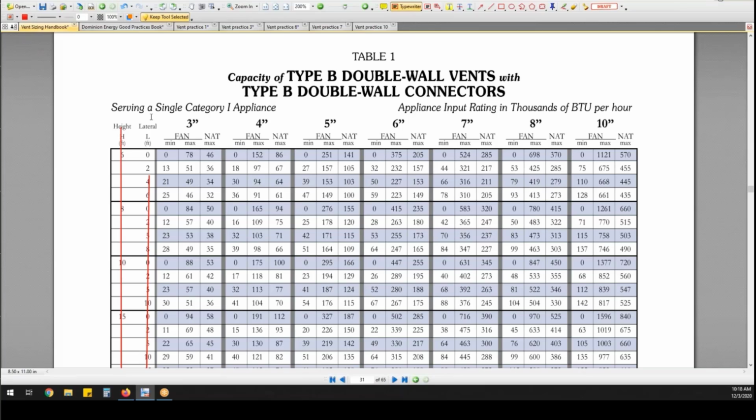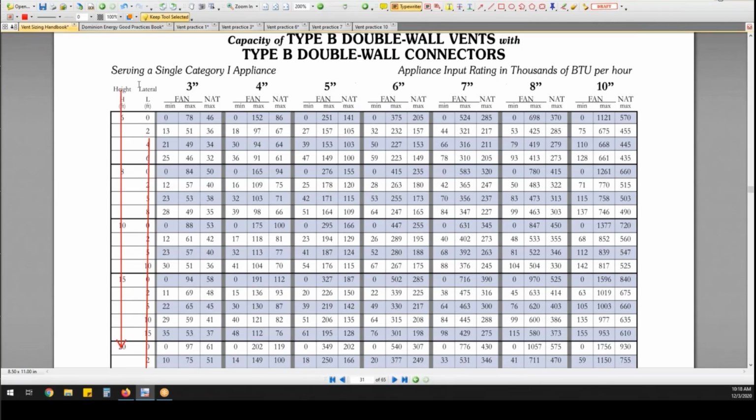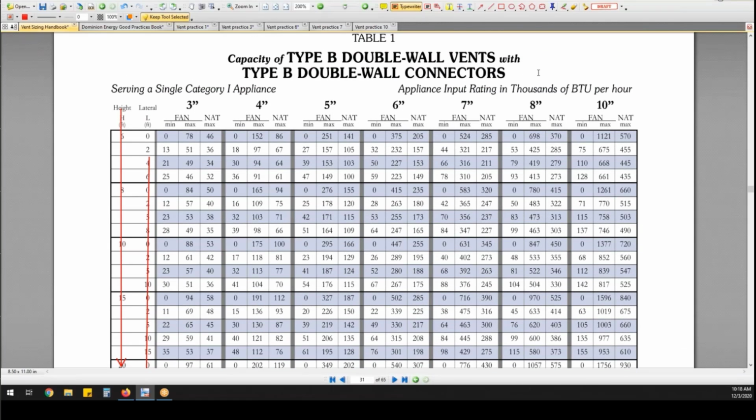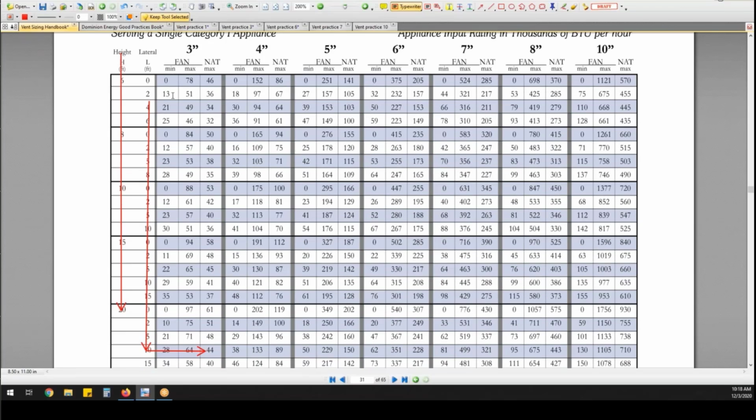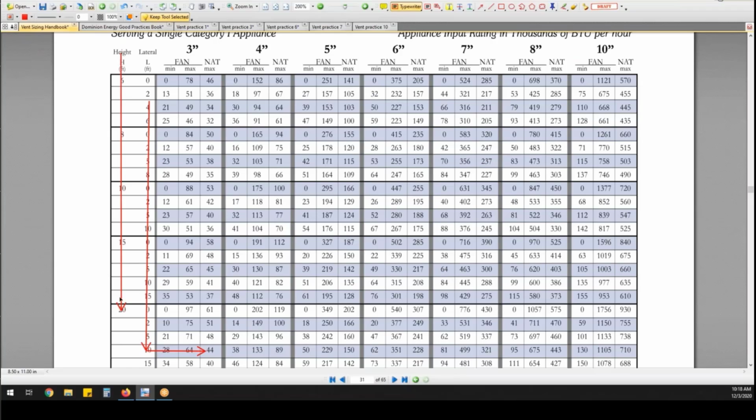Okay, and again, we're serving a single category 1 appliance. Okay, we have a 20-foot vent height. So I'm going to see if I can do the whole thing in double wall, what size I'm going to be. So I've already come down my height line to 20 feet. Okay, and my lateral in this case was 5 feet. So we're going to go back up to 5 feet.